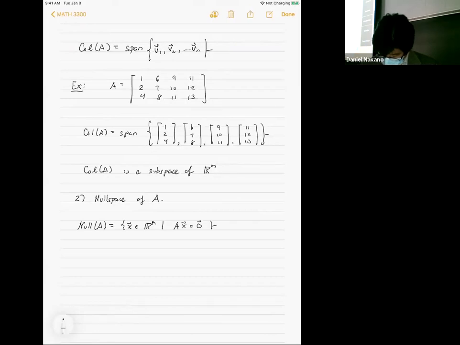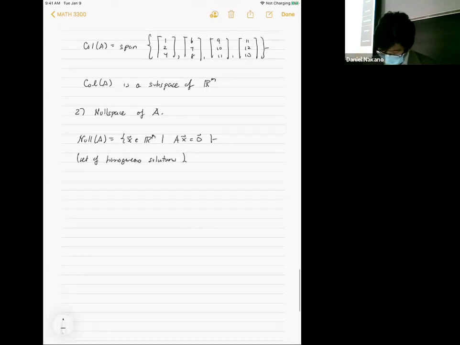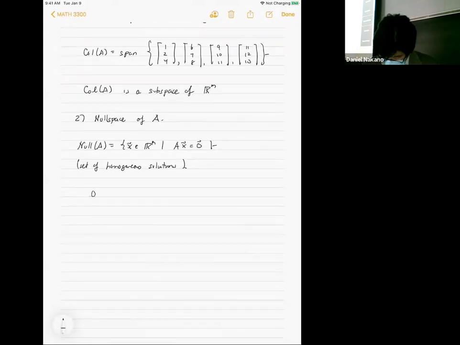Let's see if this is a subspace. I take the 0 vector, let's call this W. Is the 0 vector inside the null space or not?